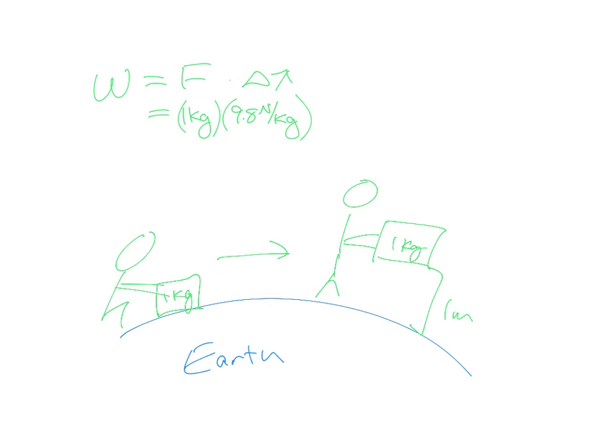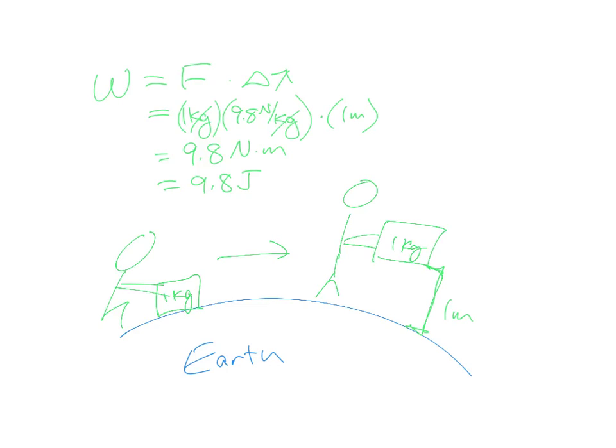And since we lifted it 1 meter, we're going to multiply that by 1 meter. So this calculation is pretty easy. The kilograms cancel, and we're left with 9.8 newtons times a meter, which, if you remember, is a joule.